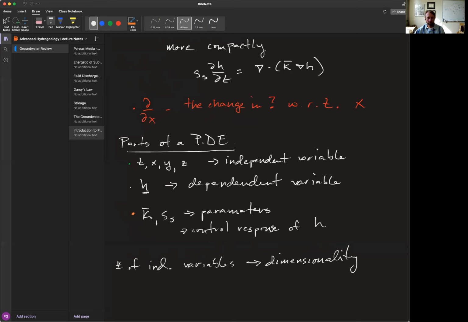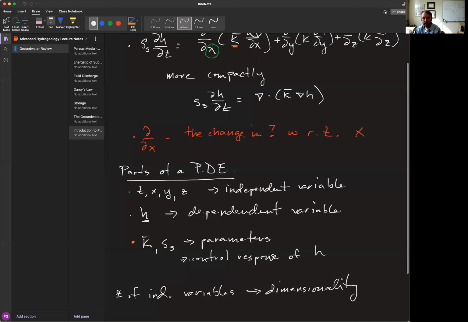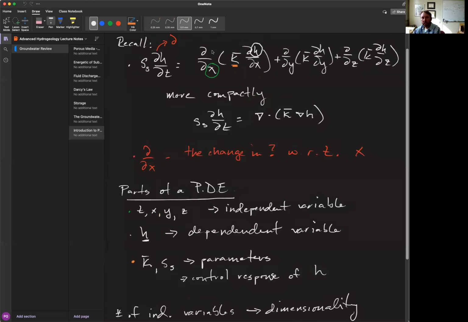Well, this is really the number of independent variables. So here I have t, x, y, and z. So really this is a four-dimensional partial differential equation. However, in the field, we tend to refer to dimensionality as the spatial dimensions. So here I have x, y, and z. So this would be a three-dimensional problem. And then we refer to whether or not it's changing with respect to time with some other terms.